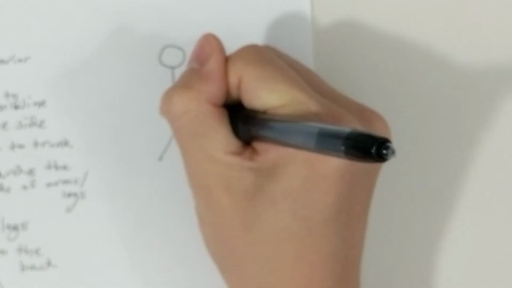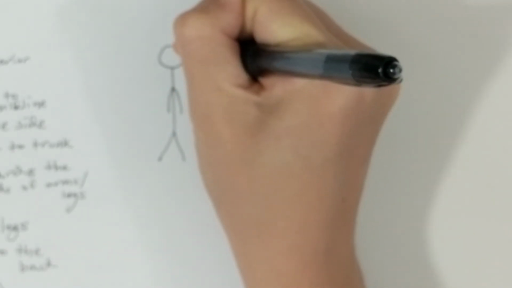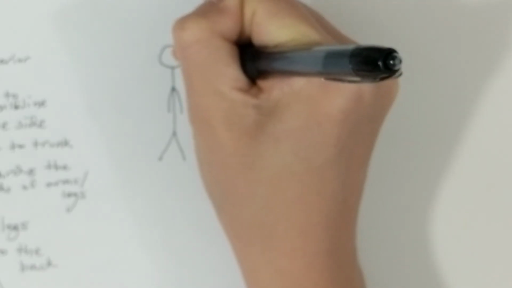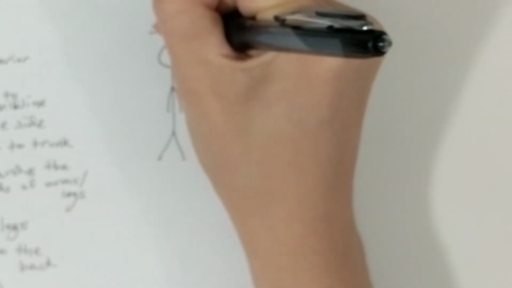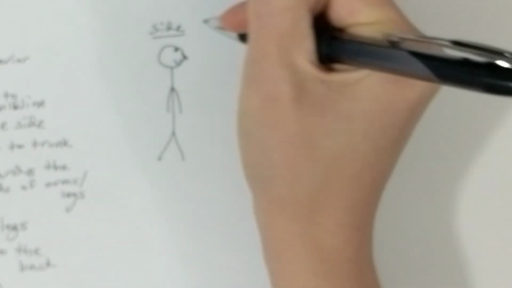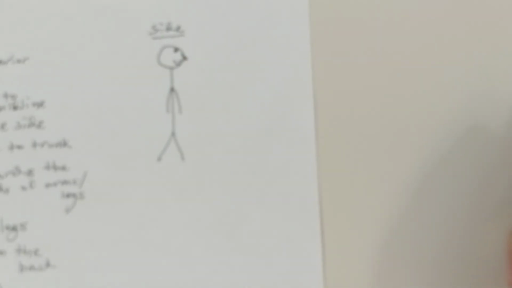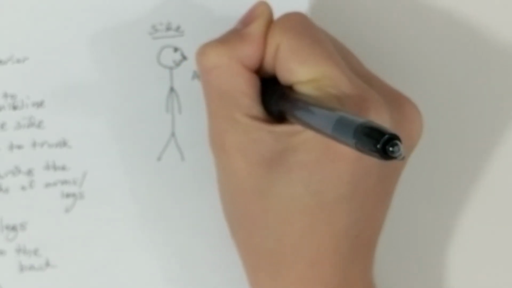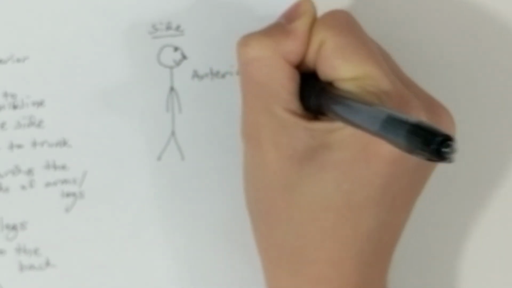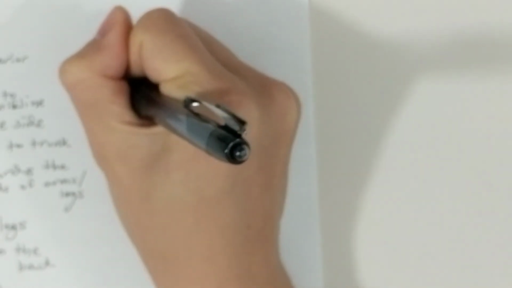It's kind of hard to do that with a stick figure, so I'm going to give this person that really big nose. So they are facing that way. Okay. So this is a side picture. Okay, so for people, anterior goes here to go before, posterior to go behind.